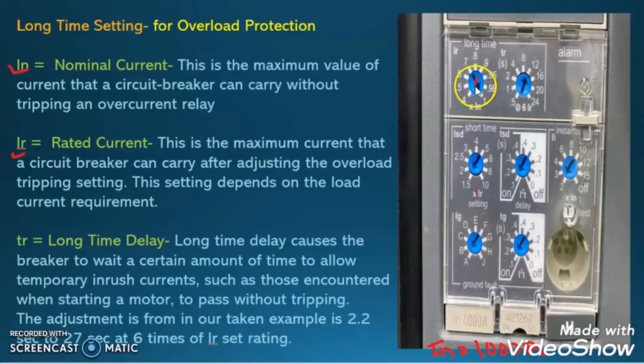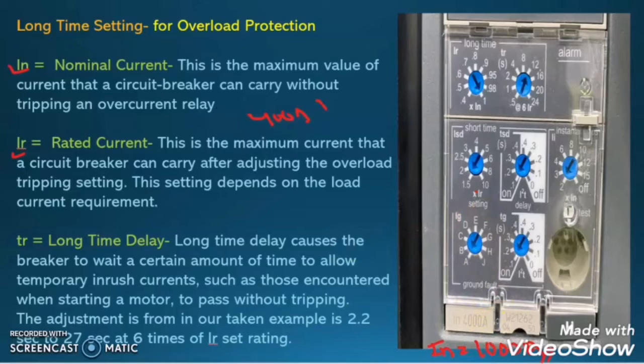And suppose the dial is adjusted on 0.4, then the IR value will be 0.4 into 1000. So what would be the value? 400 ampere. In the same way, if we adjust the dial on 0.5, then the rated current of this air circuit breaker will be 500 ampere. In the same way, for 0.6, it will be 600 ampere. If the dial is adjusted on 0.7, then the rated current of this circuit breaker will be 700 ampere.